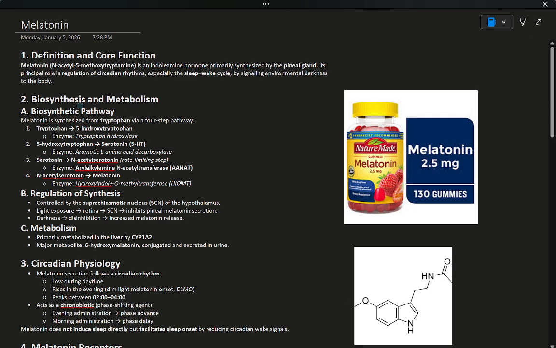Regarding biosynthesis and metabolism, melatonin has an interesting biosynthetic pathway. For starters, melatonin is synthesized from tryptophan through a four-step pathway where tryptophan is converted to 5-hydroxytryptophan through the enzyme called tryptophan hydroxylase, and the 5-hydroxytryptophan is converted into serotonin through the enzyme called aromatic amino acid decarboxylase.